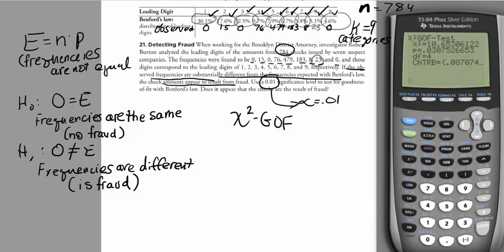All right, so now what I'm going to do is I'm going to go to Stat and then Edit and clear out the L1 and L2 so that I can type in my new observed and expected frequencies. So they were 0, then 15, then 0, then 76, then 479.